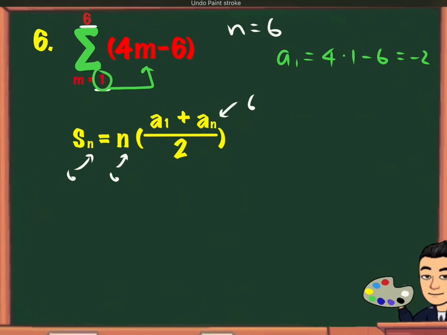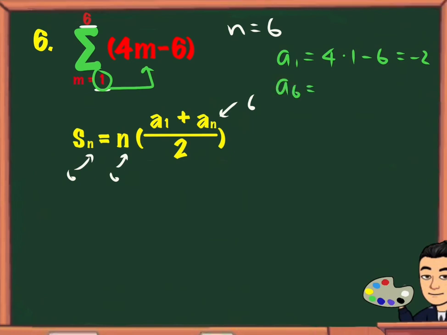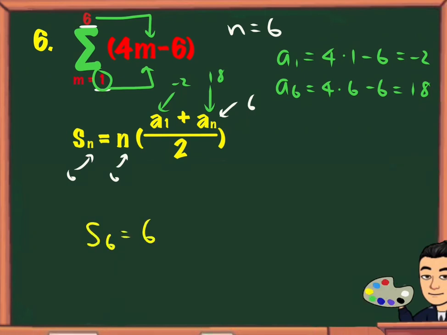You also have to find a sub 6, so you plug in 6 into m. That makes it 4 times 6 minus 6, so 24 minus 6 is 18. Now plug in 18 and negative 2. Let me rewrite everything. The sum of 6 terms equals 6 times negative 2 plus 18, over 2.